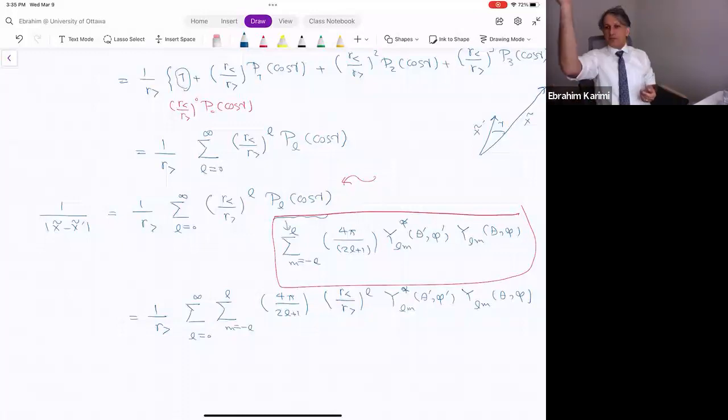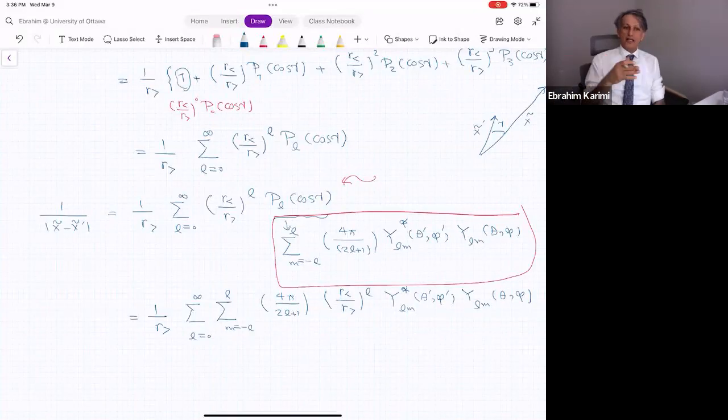The e to the power of i m phi is a complete basis. J m of k rho is a complete basis. So try to do the expansion of 1 divided by x minus x prime in terms of Bessel functions and spherical harmonics. Good?